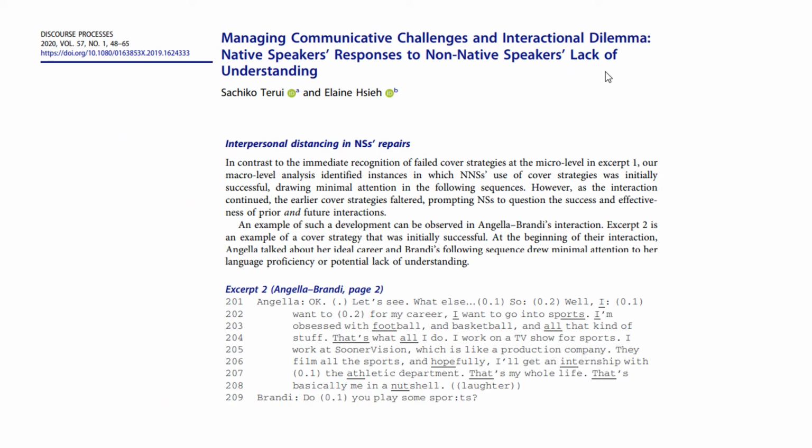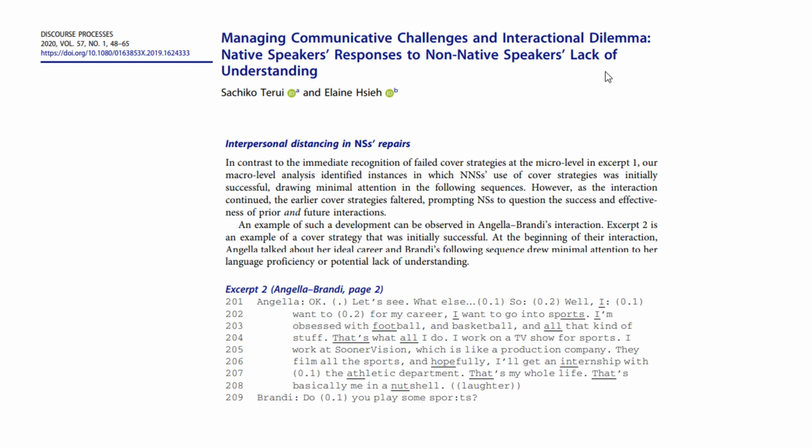This study uses spoken interaction and looks at how communicative challenges and interactional dilemmas are managed between native speakers and non-native speakers of English. Even though it's looking at spoken discourse, the interactions were not typically naturally occurring conversations, but the researchers arranged these conversations between native speaker and non-native speaker pairs.